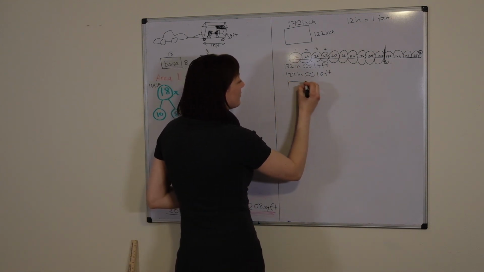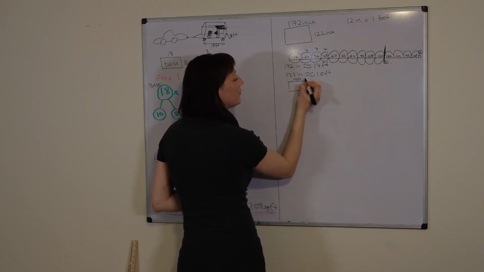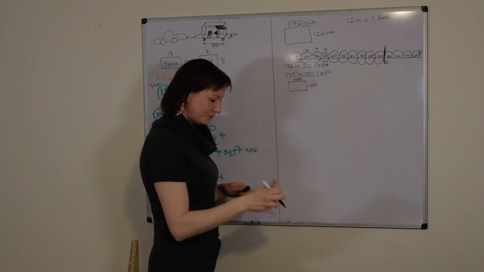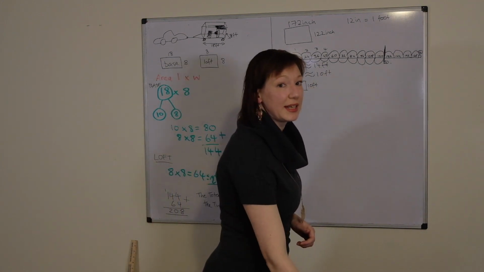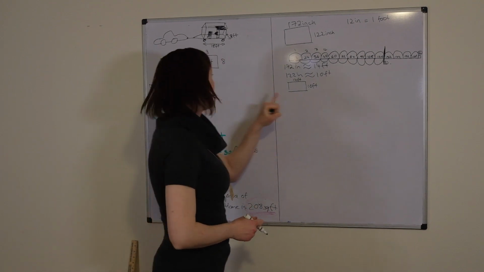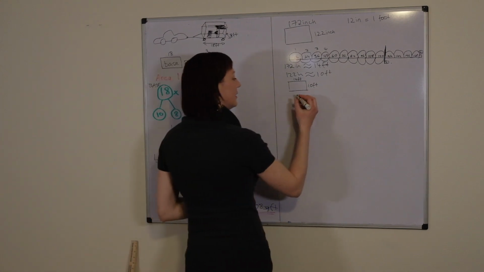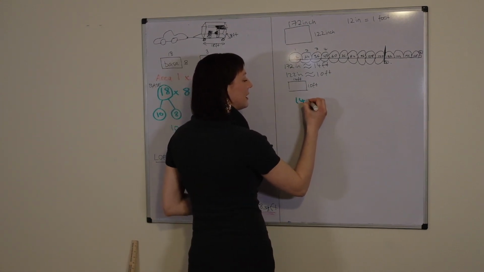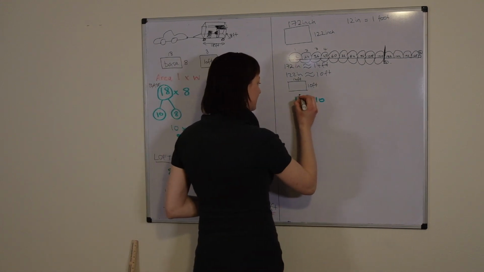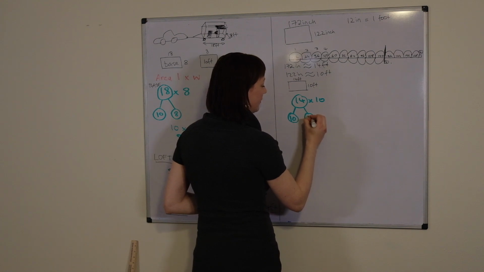Now, it looks like this. The length is approximately 14 feet, and the width is 10 feet. We're going to use our number bonds again to calculate the area. How do we calculate the area of a rectangle? That's right, it's length times width. That's 14 times 10. 14 is a pretty big number. Let's break that down: 10 and 4.